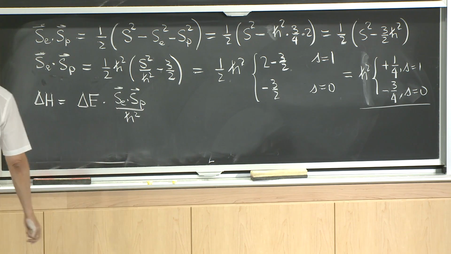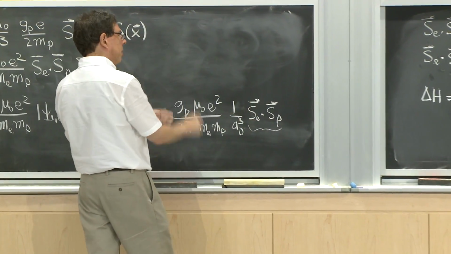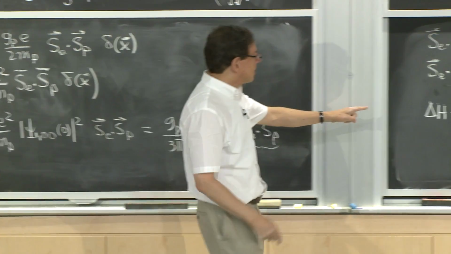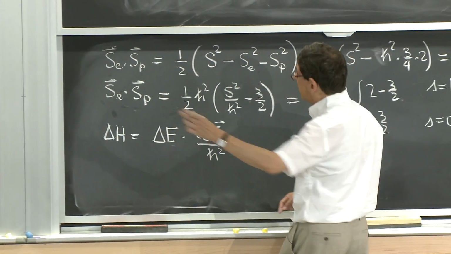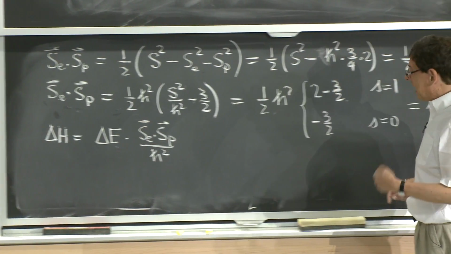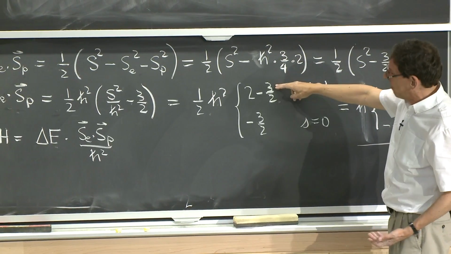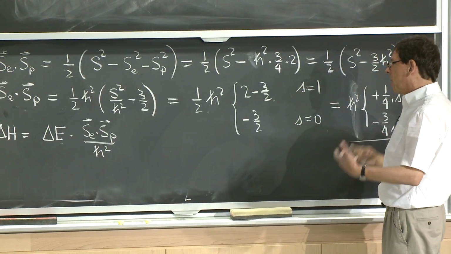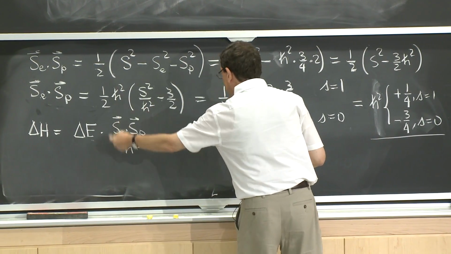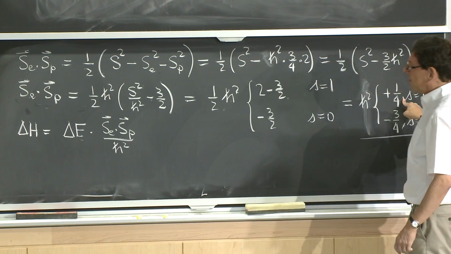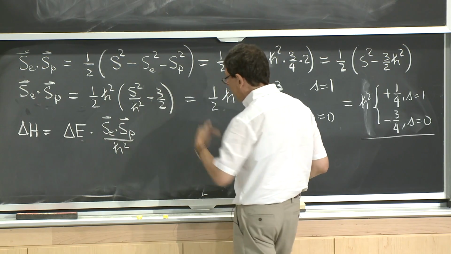That will be my rewriting of this whole thing. I'll put an ħ squared down here and an ħ squared there, and I'll call this delta E. And why am I allowed to call this delta E? Delta E here means the split between the triplet and the singlet. Because when you evaluate this thing for the triplet, it gives you 1/4. When you evaluate this for the singlet, it gives you -3/4.